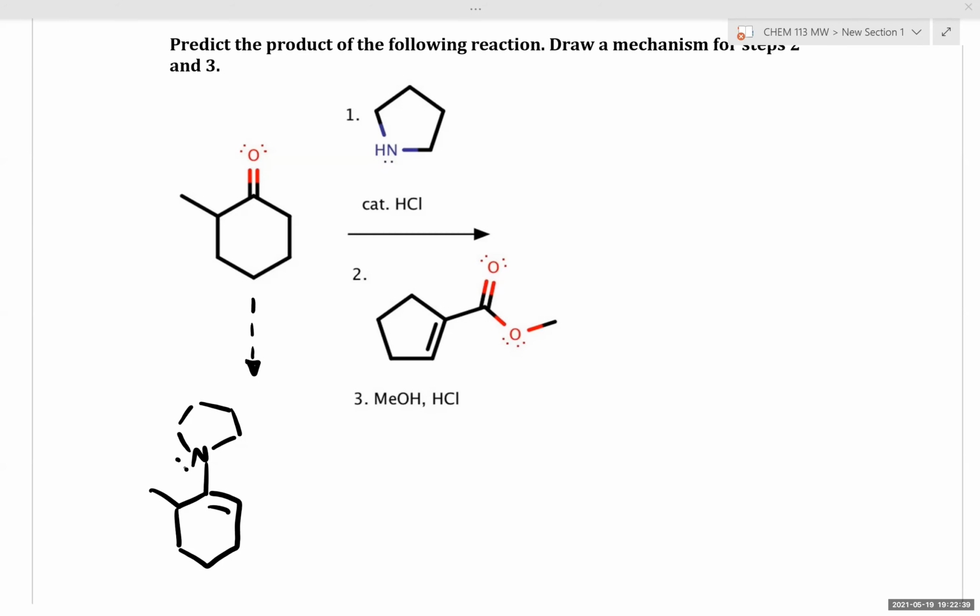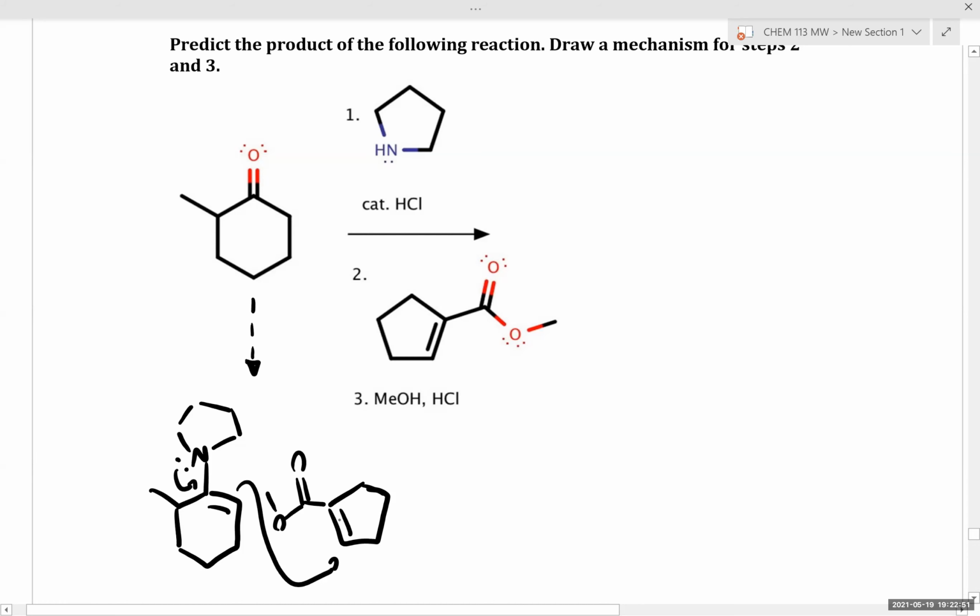We do have an electrophile, right? We have this alpha beta unsaturated ester, and this alpha beta unsaturated ester is electrophilic at the beta position. So as the student noted, we can attack our beta position and generate our conjugate addition product.